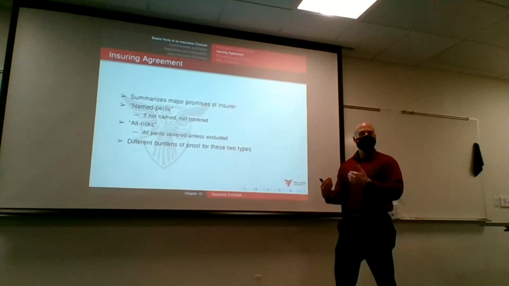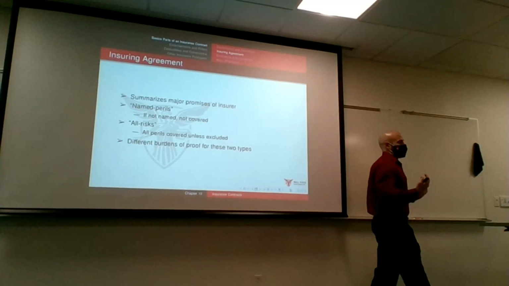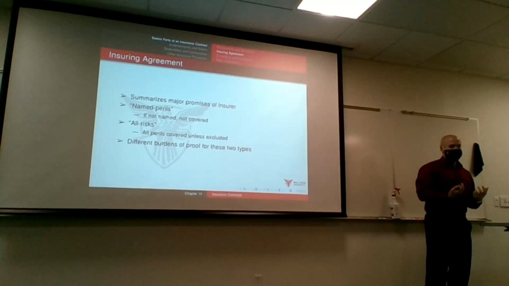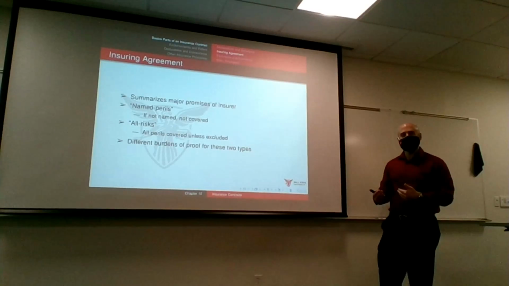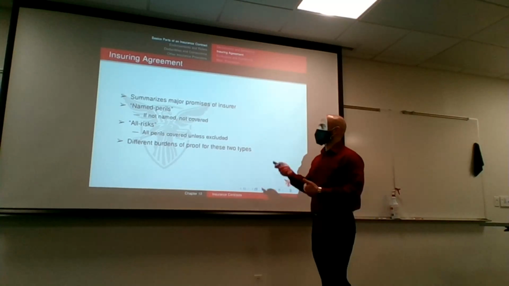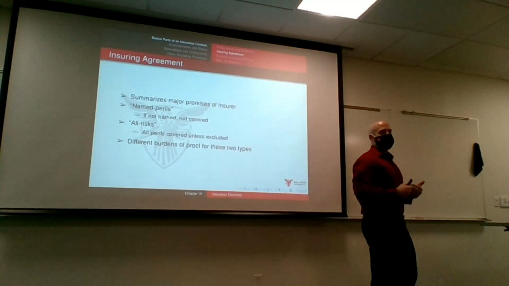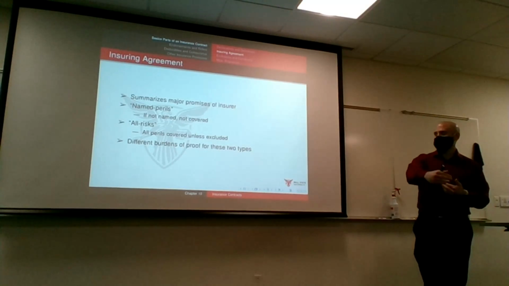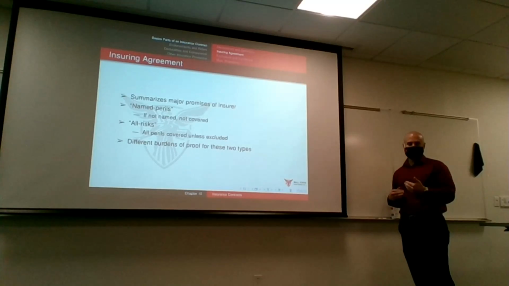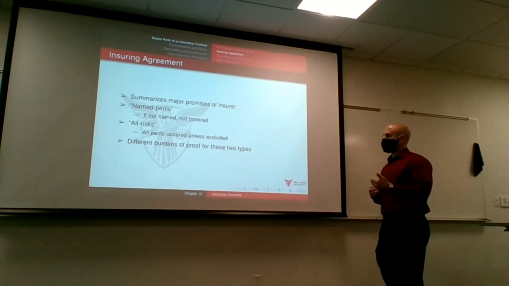Now, within this, we see the binding agreement, the insuring agreement. This is mostly the promises of the insurance company, or the insurer. And we tend to have what's called either a named peril or an all peril policy.